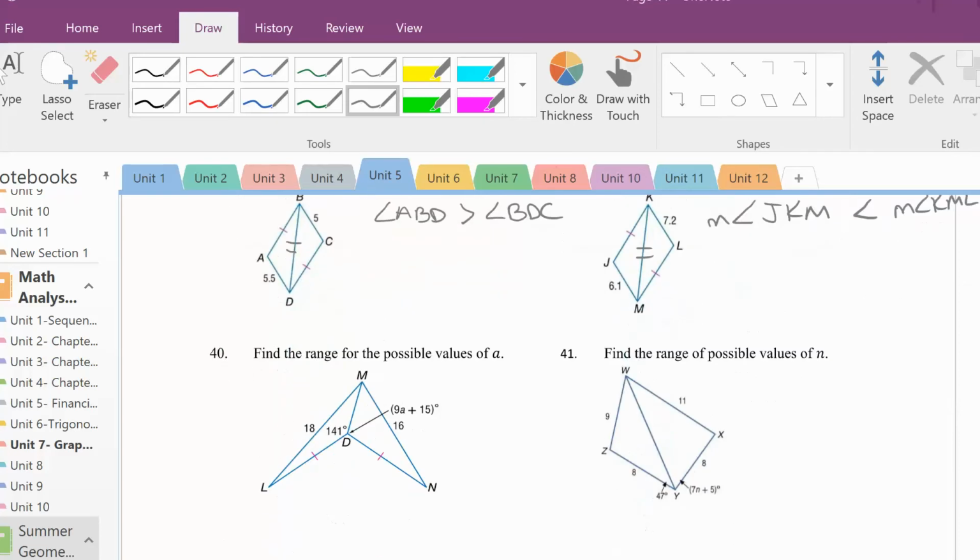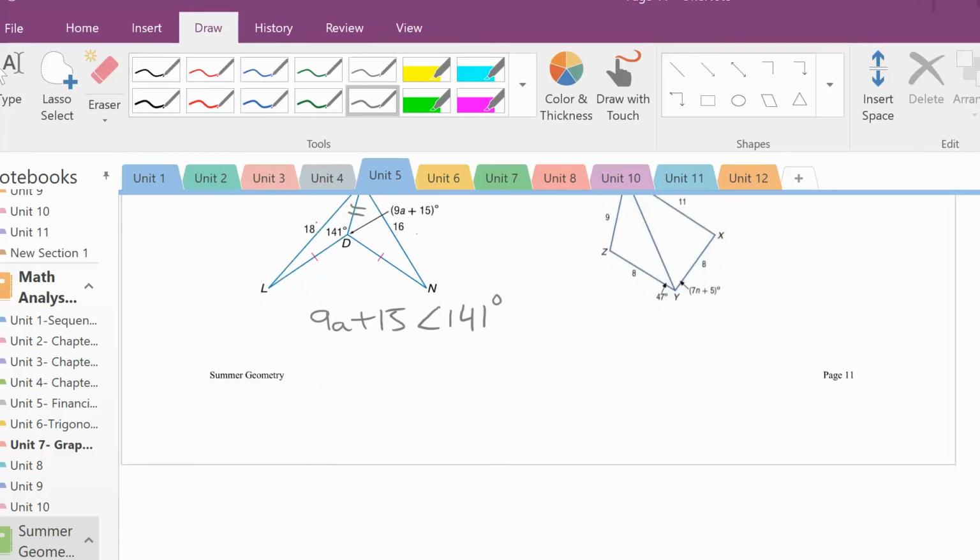All right, so then here it says find the range for the possible values of A. Well, I know that 18 is bigger than 16, so I know that 9A plus 15 has to be less than 141 degrees because you know that the two sides are equal.